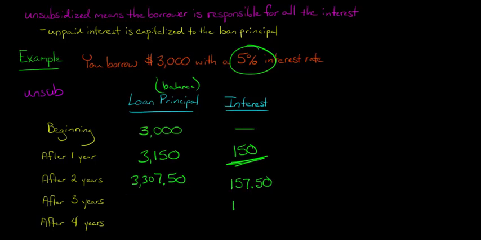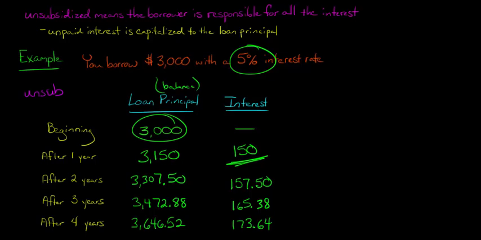That gives us for year 3, your junior year of college, $165.38. Add that to our balance. That updates our balance to $3,472.88. And then for year 4, our interest is $173.64. And that means that when you graduate, your loan that started at $3,000 is now $3,646.52.